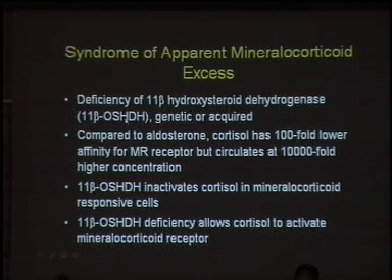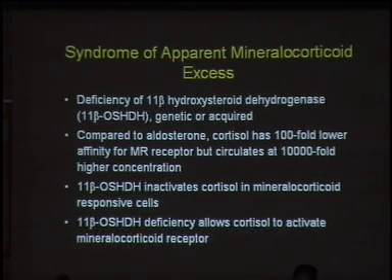This enzyme usually inactivates the cortisol. There's a cortisol receptor in those cells, and this enzyme normally inactivates the cortisol. Cortisol acts at the mineralocorticoid receptor as well, and there is a lot of cortisol compared to the aldosterone.